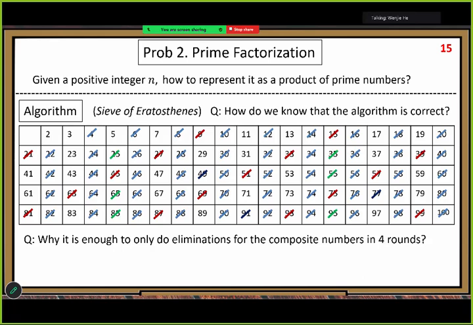That's enough. We don't need to do a 5th round. If you do a 5th round, you cannot eliminate any composite numbers, because no composite numbers remain. After 4 rounds of elimination, you have all primes. There is nothing left to do.